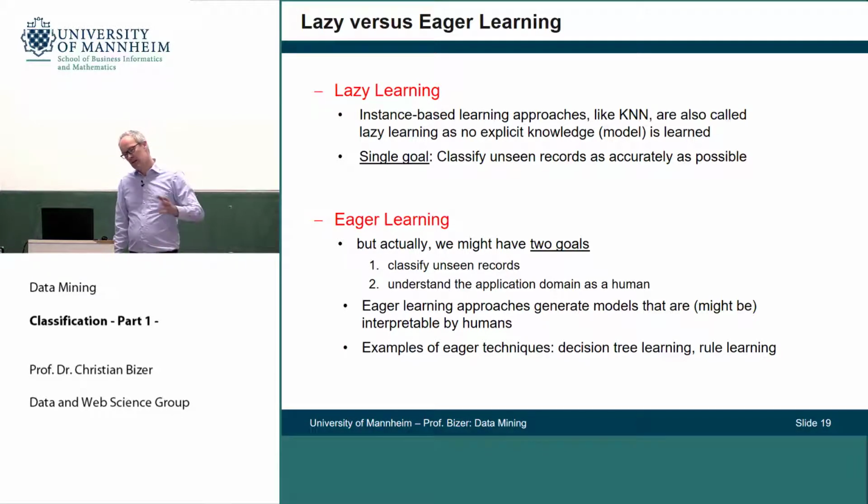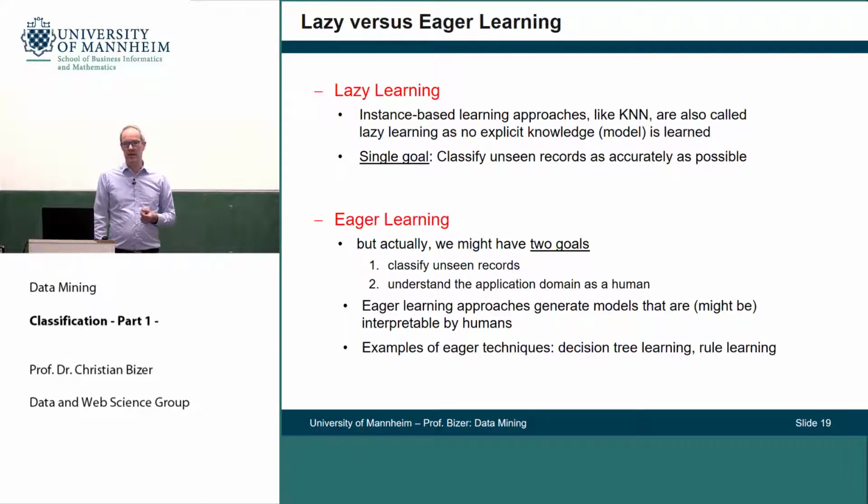The opposite of lazy learning is eager learning, where we have two goals. We want to be good at classifying, and we also want to learn something about the application domain. So we want to understand the patterns of the application domain. So we really want to generate an explicit model that to a certain extent is also human interpretable.